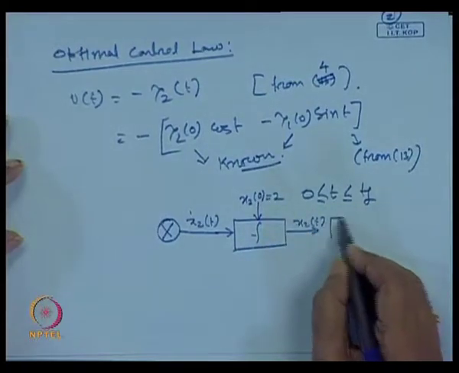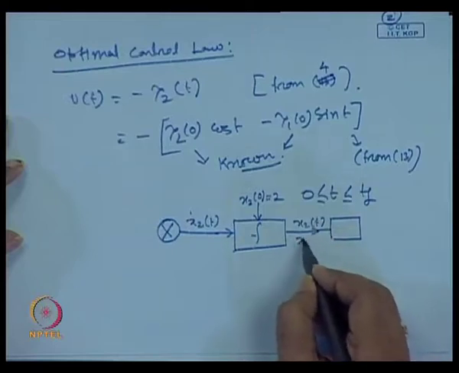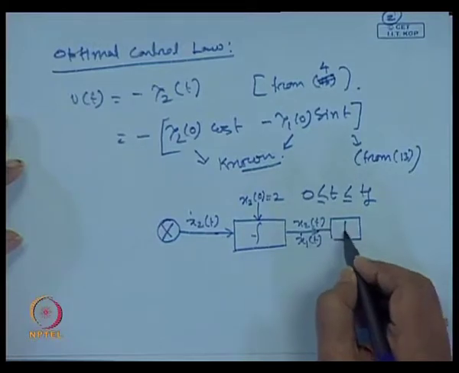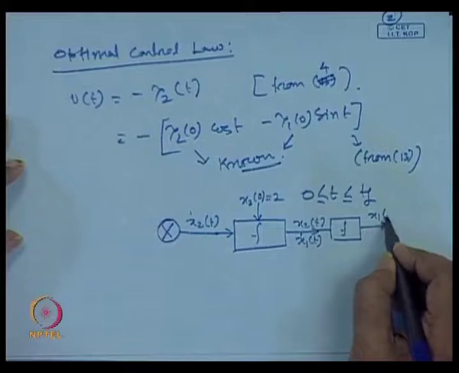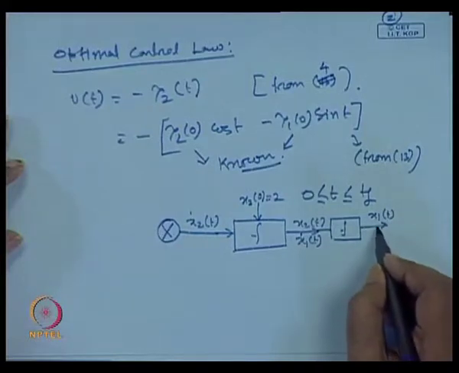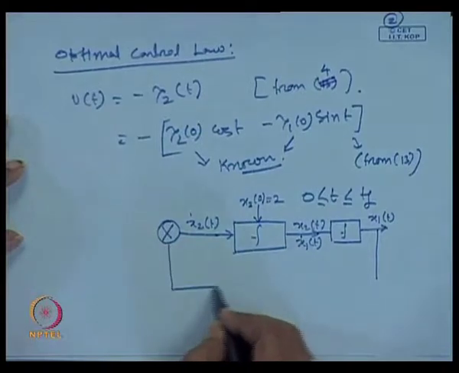Then this x 2 is nothing but x 1 dot of t, and x 2 integrated to realize that is x 1 of t. Okay. So, this output is coming to here.